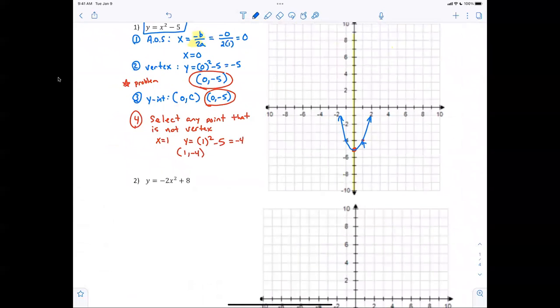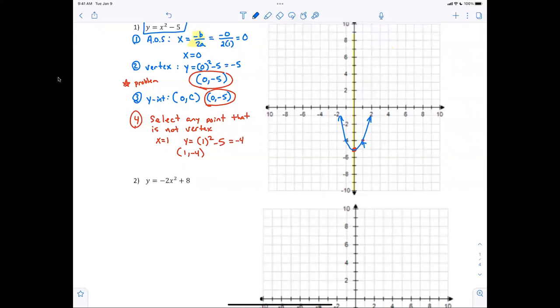And now, once you draw it, everybody go to your calculator and just type in under y equals x squared minus 5 and take a look at it and see if that looks like it's the same thing. Everybody's good with that, right? Yeah. Very easy, very easy.